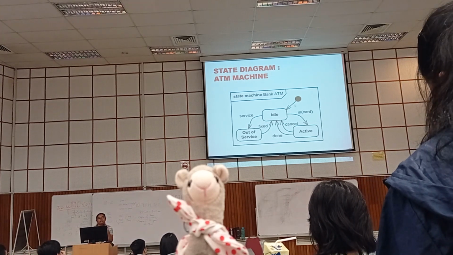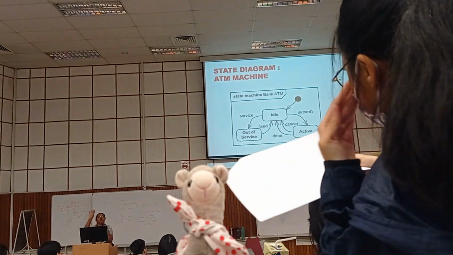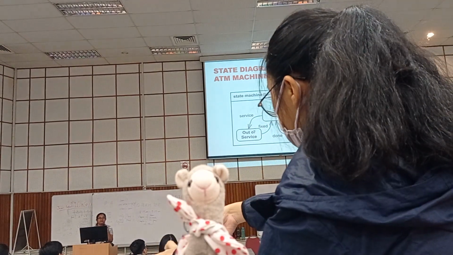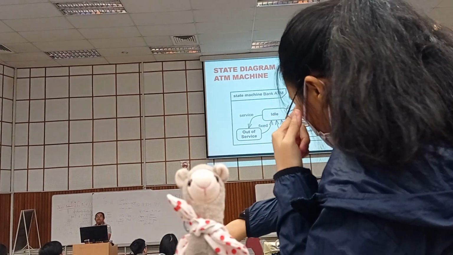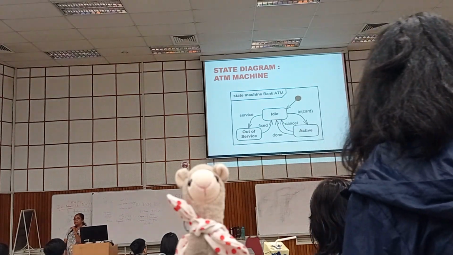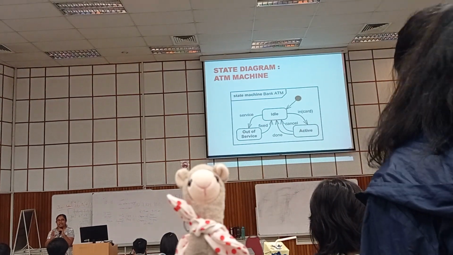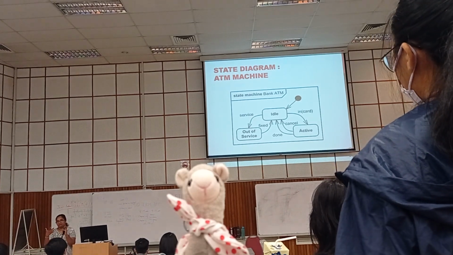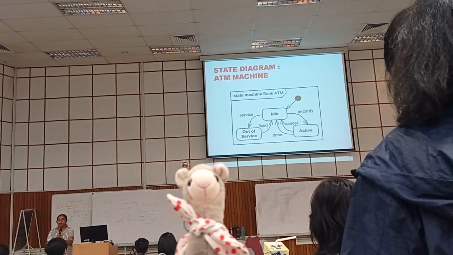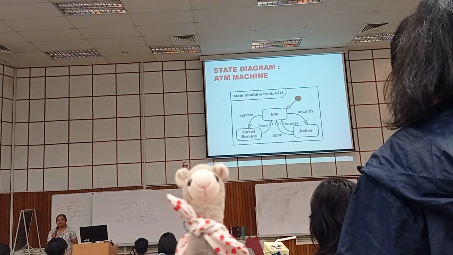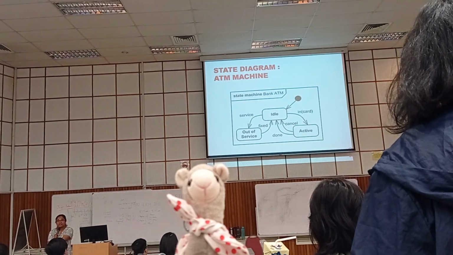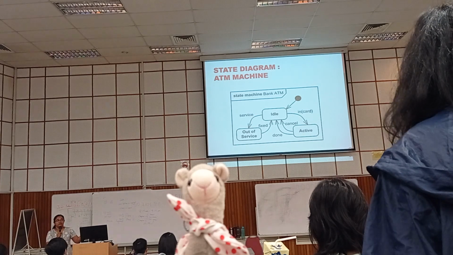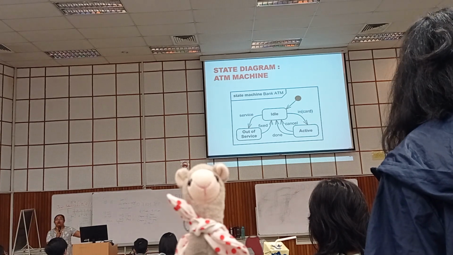Understand? Is there an end for this? Why is there no end? What is the meaning of end? Who can tell me? ATM machine, if I add the end, what's the meaning? I remove the ATM machine from the place. No more ATM, then only end. Understand or not? If the machine is still there serving everyone, then is it idle, active or out of service?